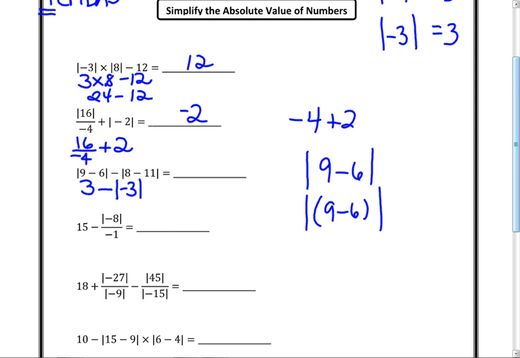No. I guess I wasn't clear yesterday. Okay, Cole. Can I divide these negatives first? Can I do those? No. You have to do your absolute value first.